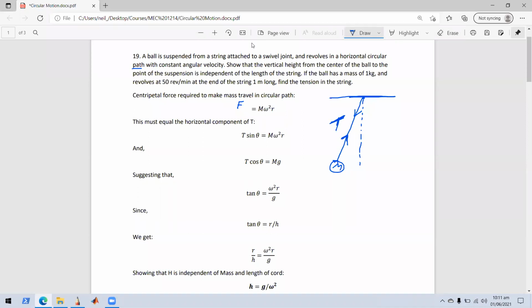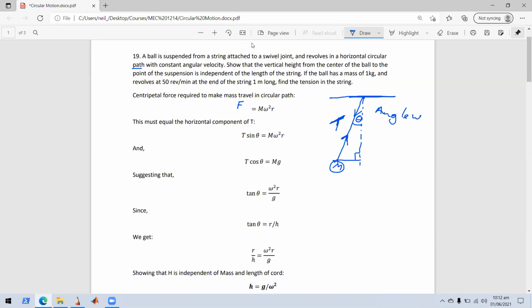Now, this tension T can be broken up into two parts. One part is here. Let's call the angle that it makes with the vertical, sorry, theta.